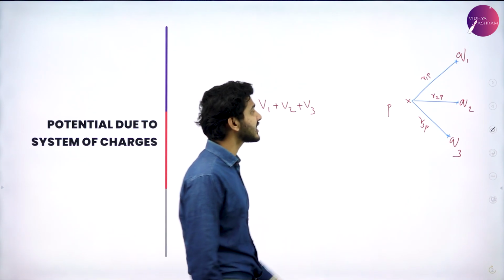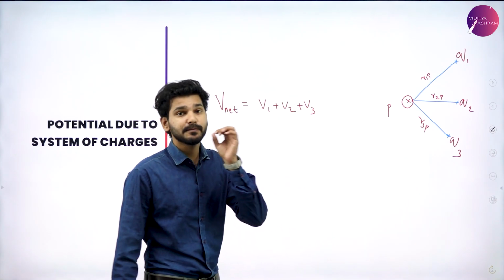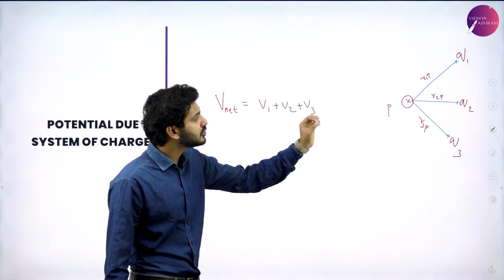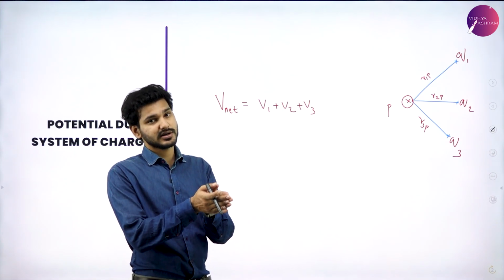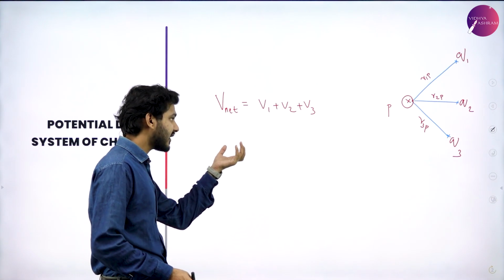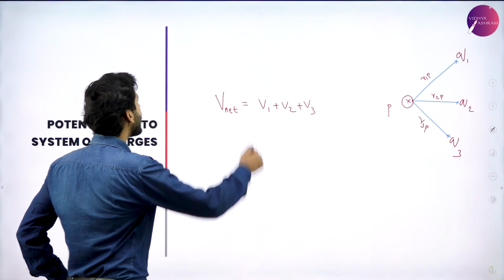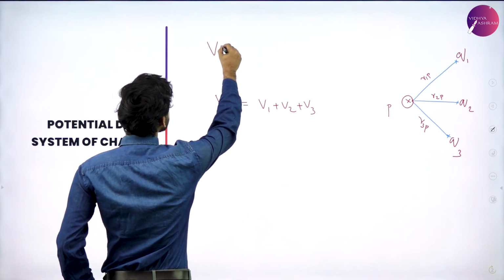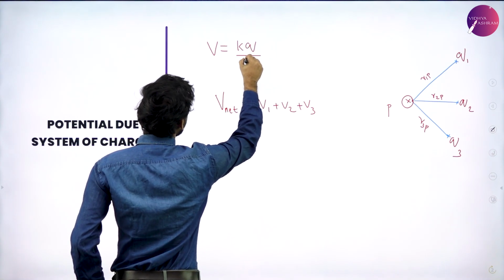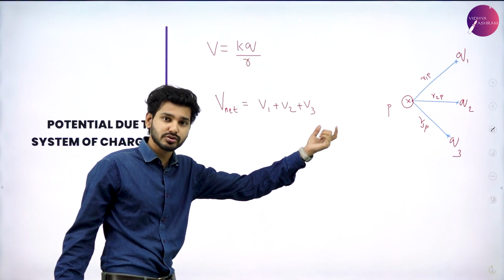In this particular case, we can say that the net potential experienced by point P is due to the individual potentials given by Q1, Q2, Q3 added together due to the principle of superposition. So we can find the net potential by expanding the equation, because we already know that V is equal to KQ divided by R. So we already have a Q here, which is nothing but Q1, Q2, Q3.